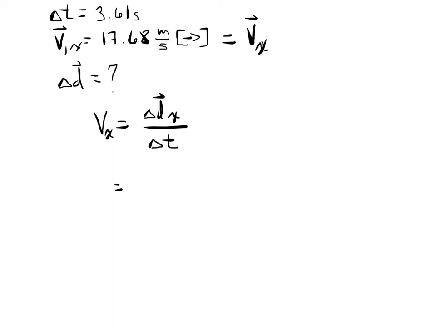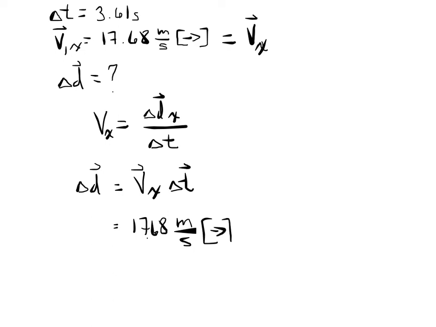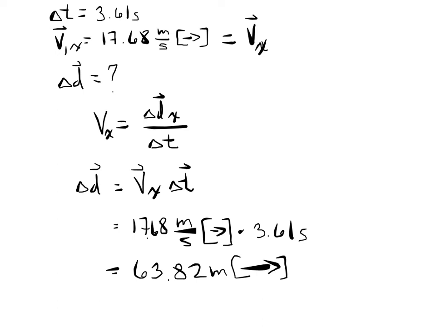And rearranging, delta d equals v delta t, equals 17.68 meters per second to the right times 3.61 seconds, which gives us a horizontal distance of 63.82 meters in the direction we're traveling.